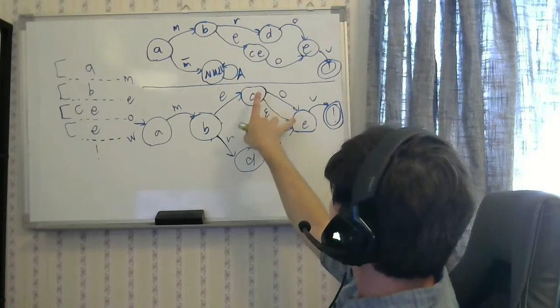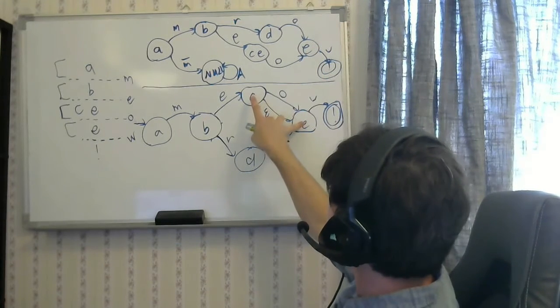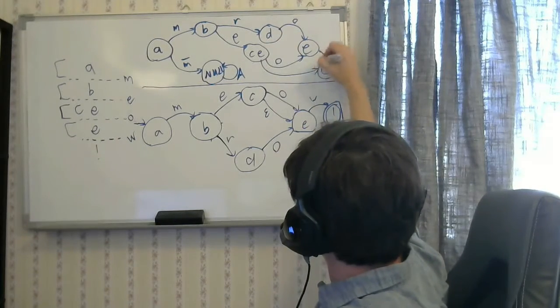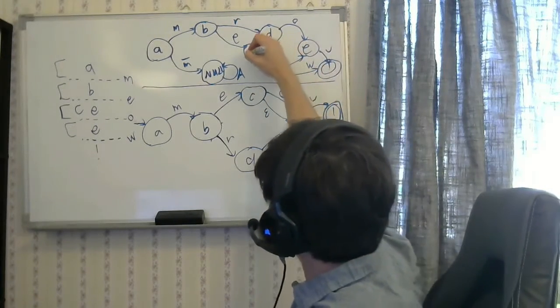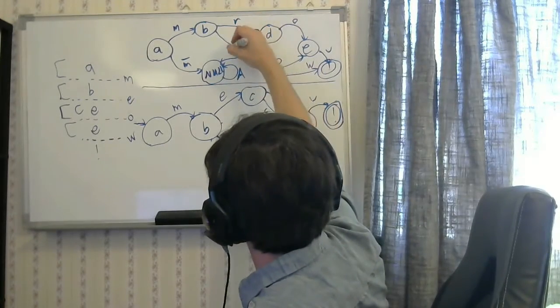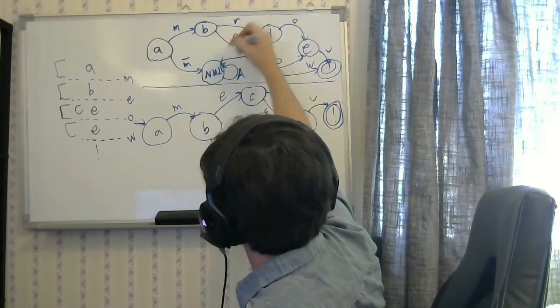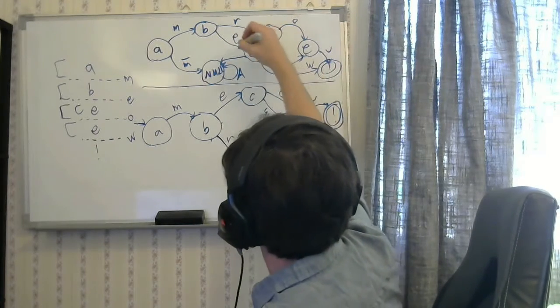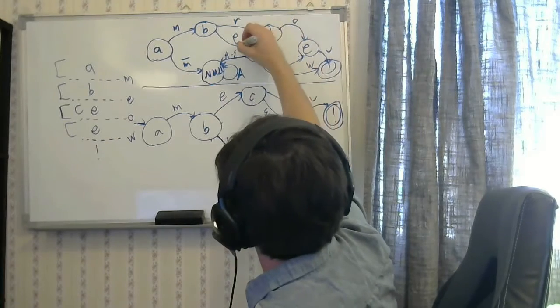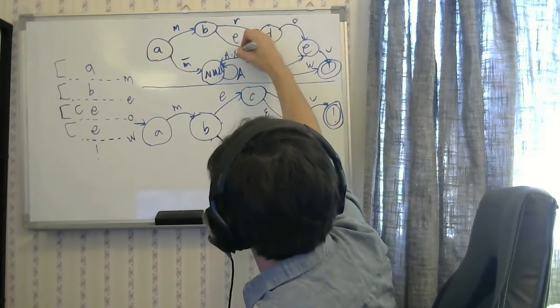If I'm in state CE combined and I see a W, then we get into the accept state. And for anything else, we get into the null state. So for anything else, we would say there is nothing more useful to see here. I'll call this A minus OW.